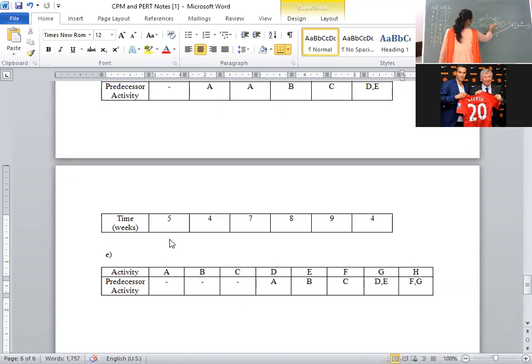To complete 2 to 5, it will take 2 days duration. E of 5: to complete the task 3 to 5, it will take 5 days. F of 3, G of 2, H of 4.